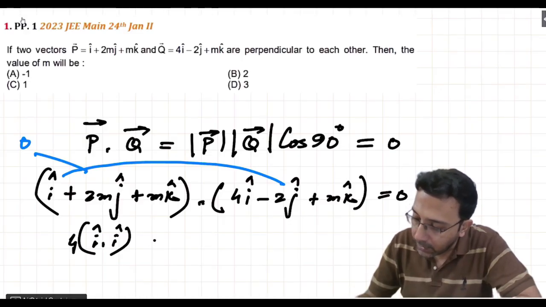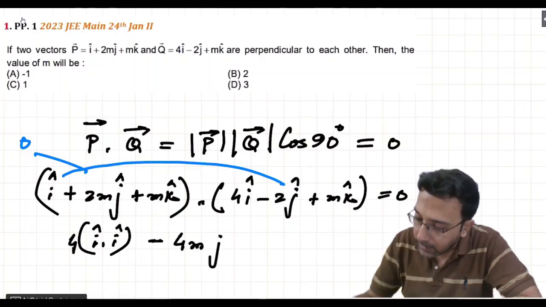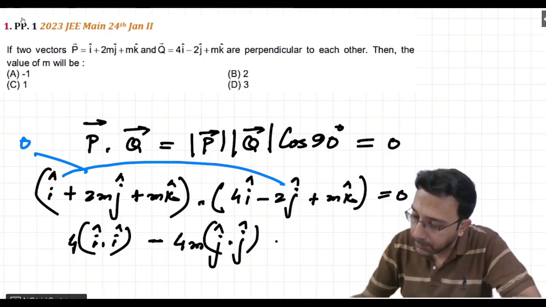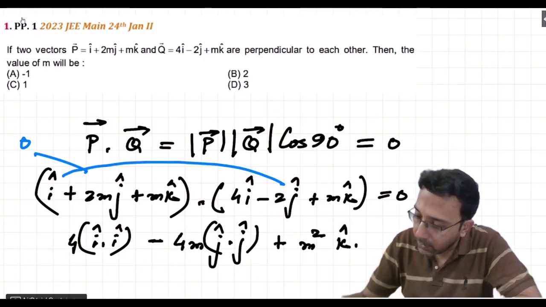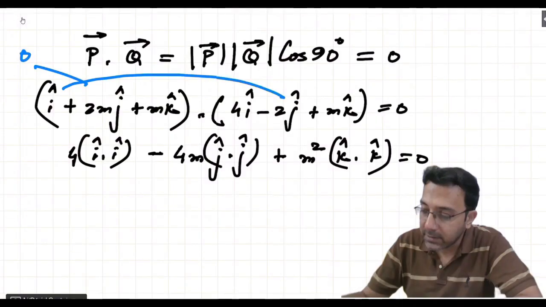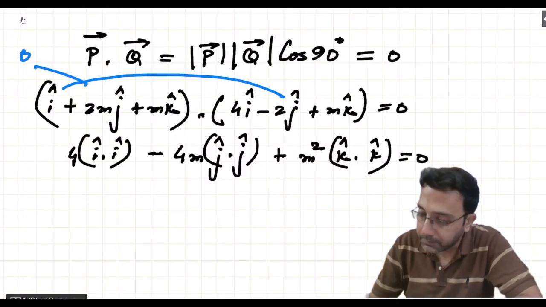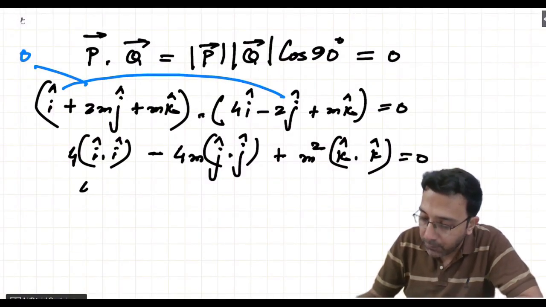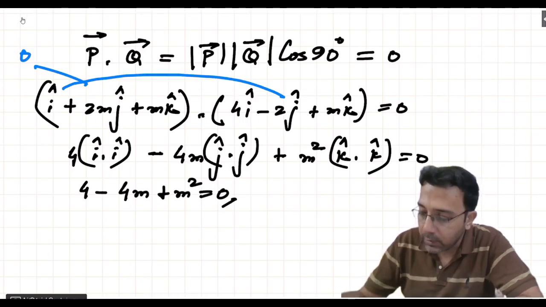Similarly, minus 4m j dot j, and plus m square k dot k, is equal to 0. In place of i dot i, j dot j and k dot k, I am writing 1. So it comes out to be 4 minus 4m plus m square equal to 0.